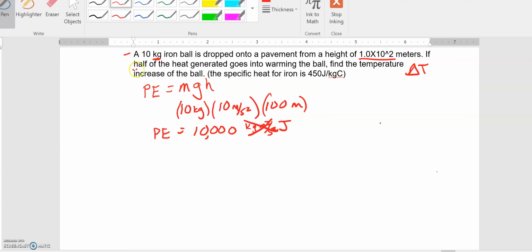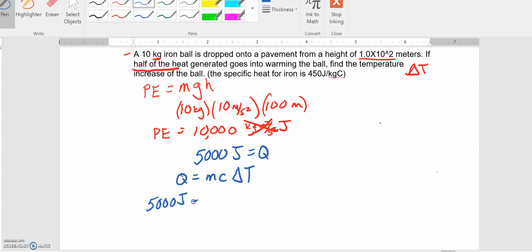Now it tells us up here that half of that energy is going to go towards warming up the ball. So instead of the 10,000 joules, we're going to be using 5,000 joules as our amount of energy. That is our Q. So now when we go into our formula for heat energy, we're still going to be using Q equals mc delta T. And we know that we have 5,000 joules.